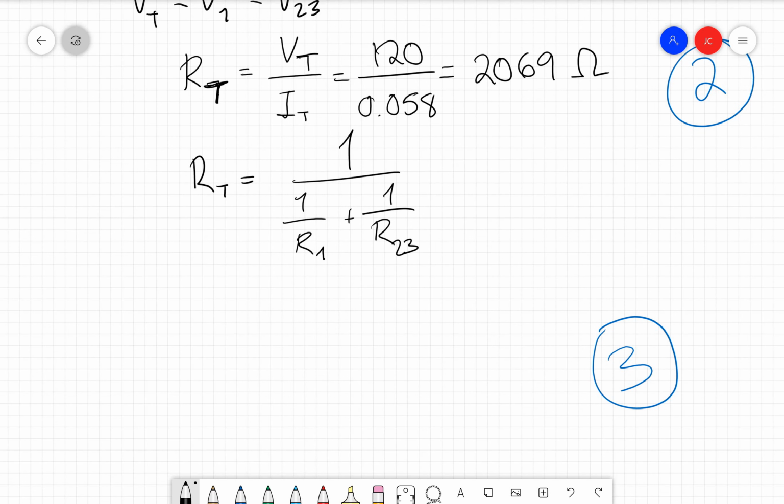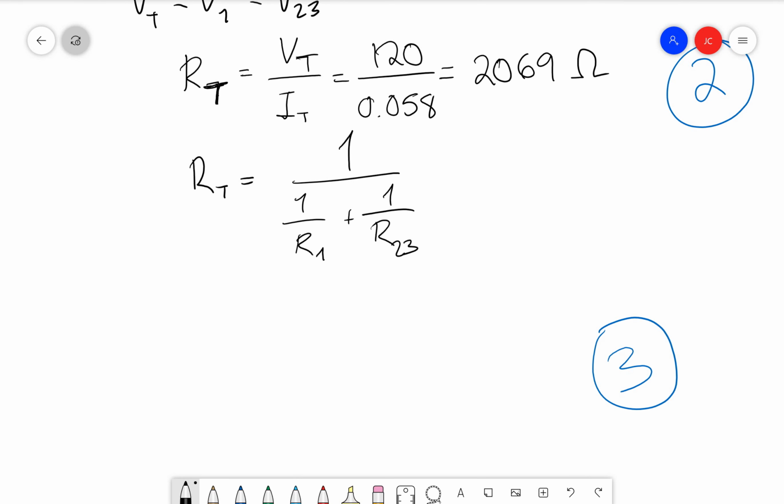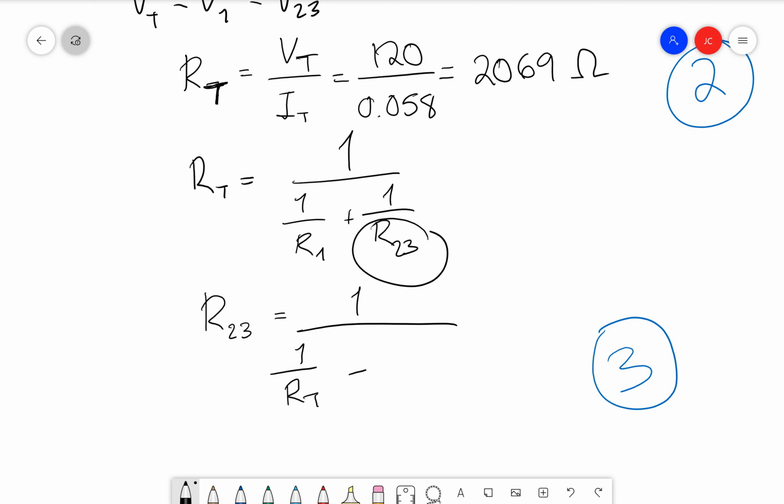And we can basically simplify this down a bit, and we are basically trying to solve for R23. There's a couple steps here, just take my word for it because I don't want to go through all of them, that we can rearrange it to a form that if we sub in the value for R23, we'll get R23 equals 1 over RT minus 1 over R1.